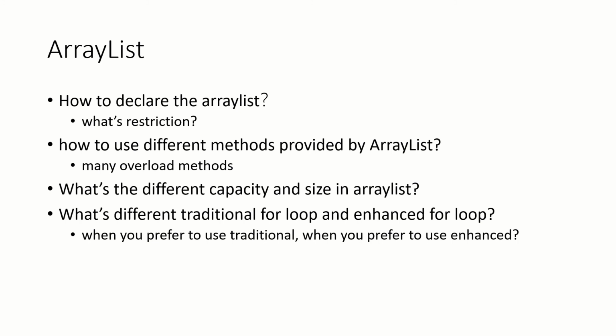Then we talk about two different types of loop. One is the traditional for loop, and another is the enhanced for loop. What's the big difference between them?